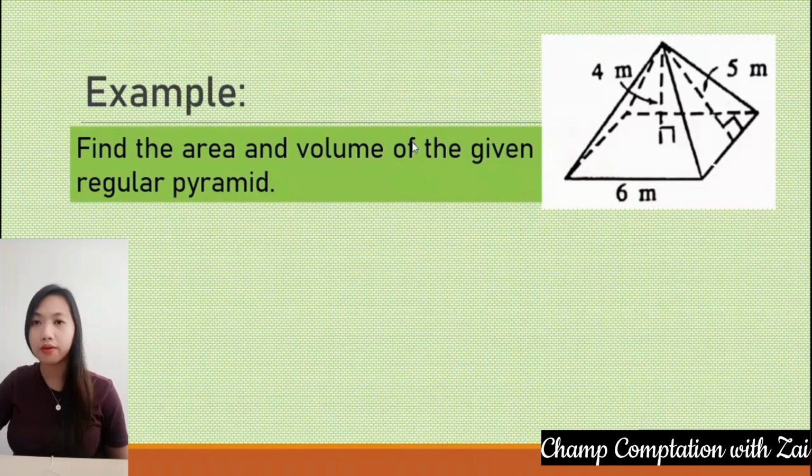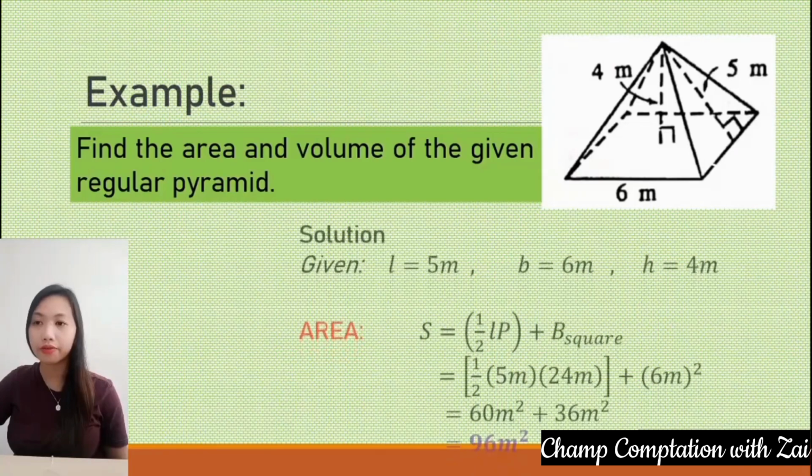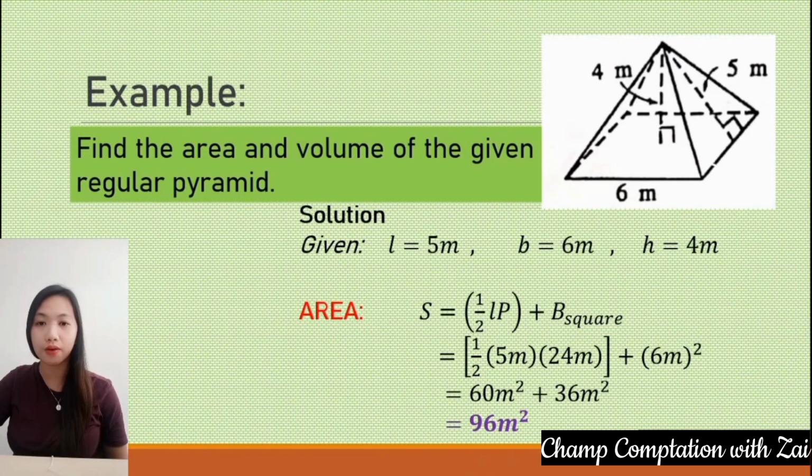We have a square pyramid, because the base is a square, so the polygon is a square. For the givens, we have the slant height, L, as 5 meters, the base edge is 6 meters, and the altitude is 4 meters.